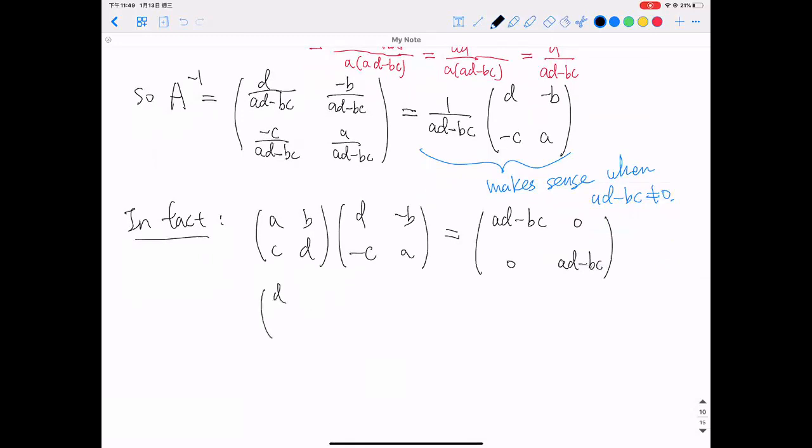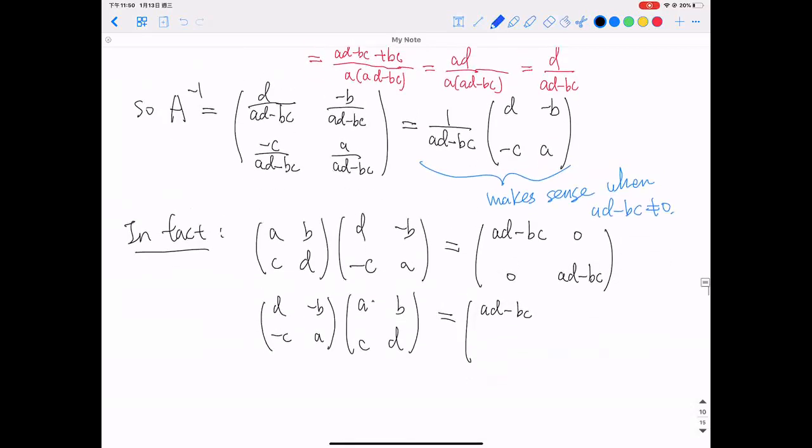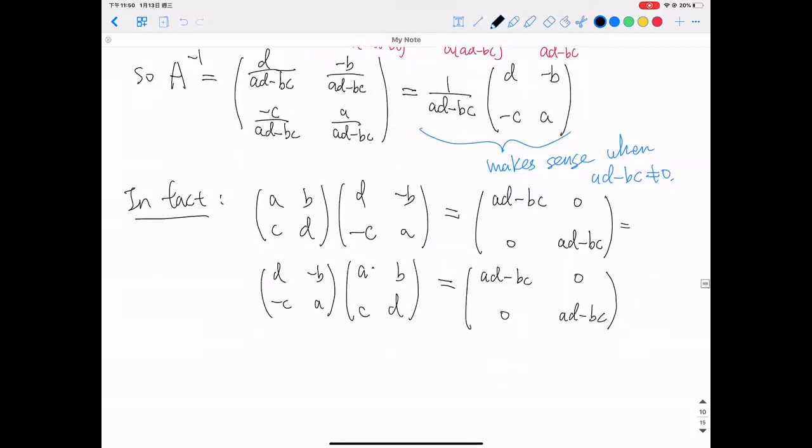And likewise, this product in the reverse order is also AD minus BC here, 0 here, and 0 there, AD minus BC, which is AD minus BC times I2.